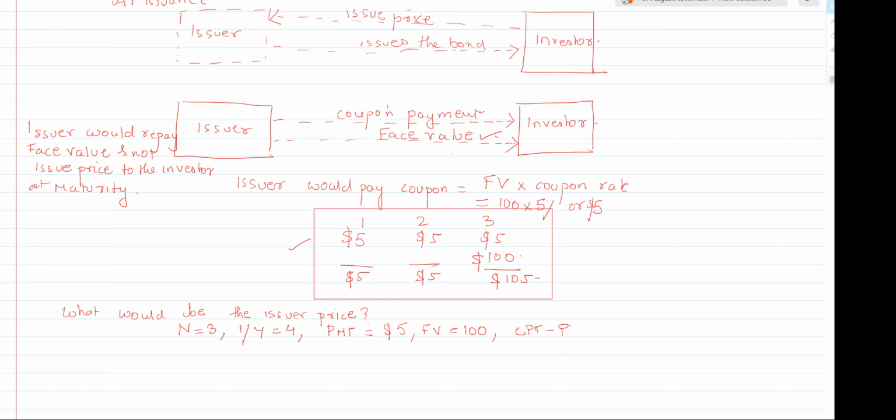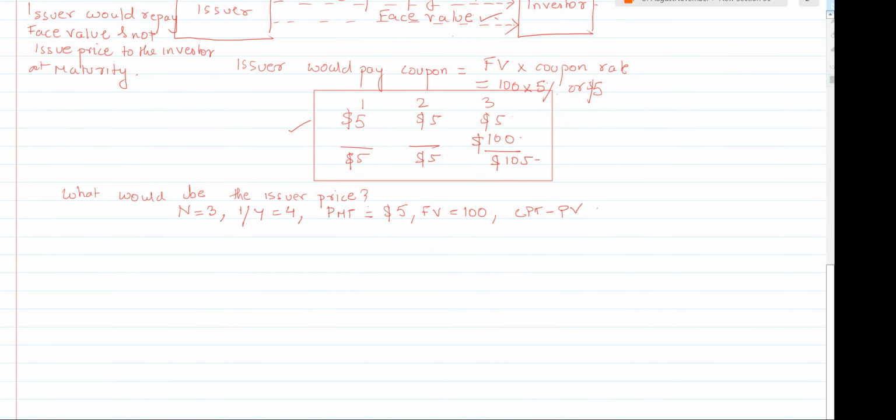Compute PV, right? Please calculate this, guys. 102.77. This we had done yesterday as well, right? So we can see that the present value of this bond is 102.77. This PV is nothing but the issue price of the bond, right?